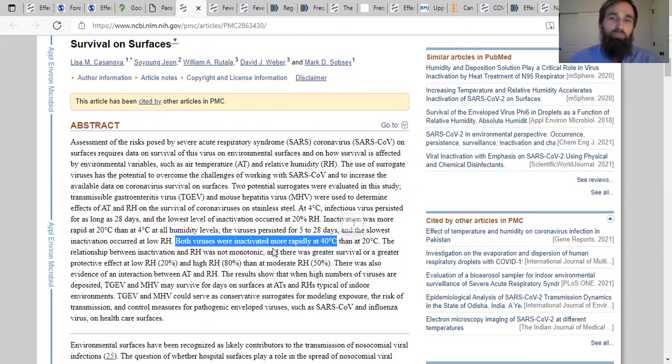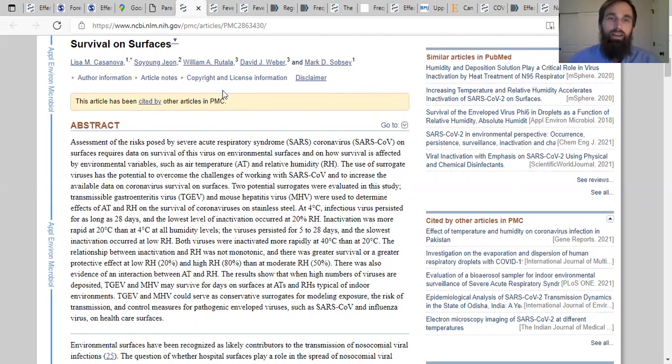However, they're more rapidly inactivated, meaning the viruses are not viable at this temperature. So they're more rapidly not viable at 40 degrees, but as you approach 40 degrees, they become less and less viable and more rapidly inactivated. And then once you reach 40, that's when they are the most rapidly inactivated.